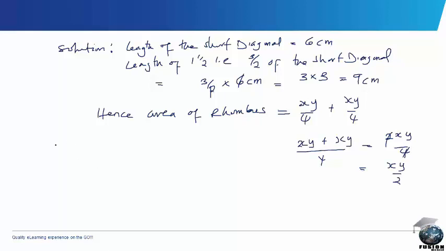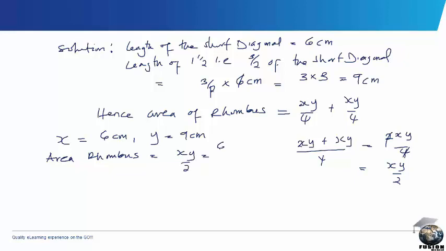Where x is equal to 6 cm for the short diagonal and y is equal to 9 cm for the long diagonal, if we use the new derived formula for the area of a rhombus, we will have xy over 2 equal to 6 times 9 over 2. 6 times 9, to make things easier, we can divide out 6, and then we'll have 3 times 9, which is equal to 27 centimeters squared.